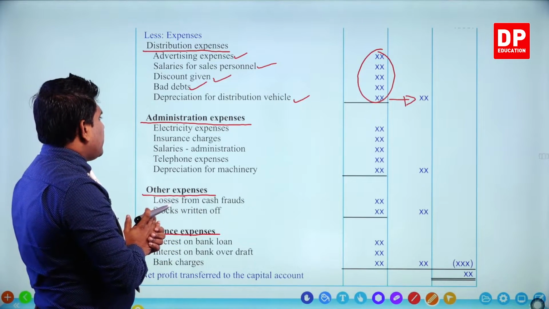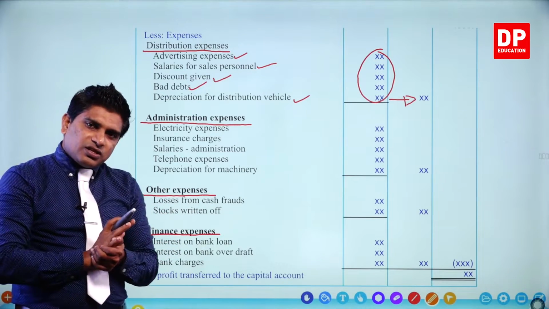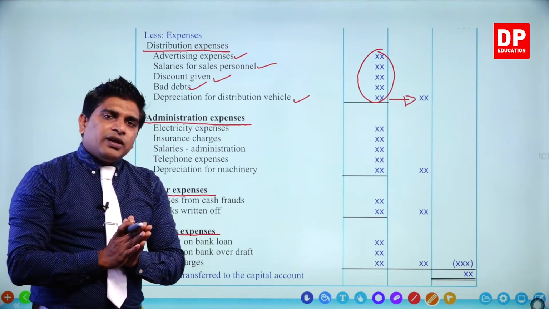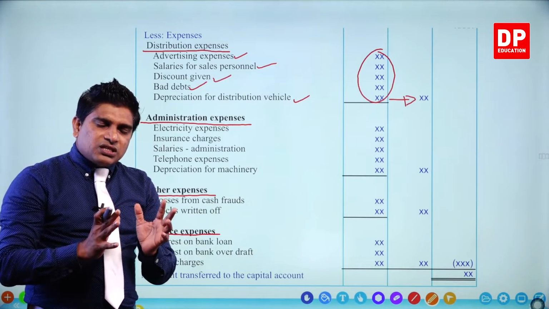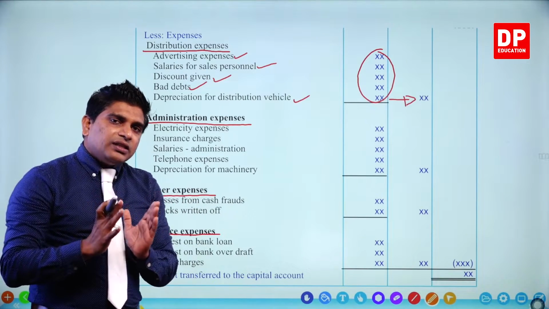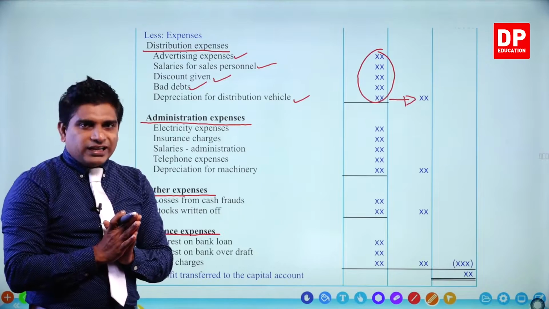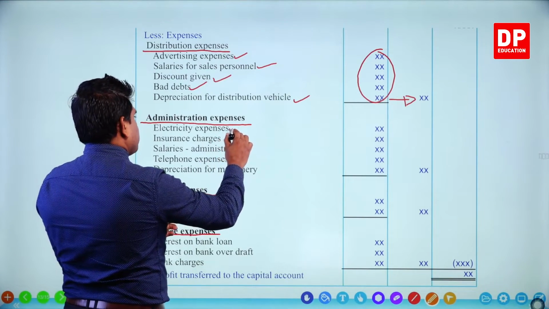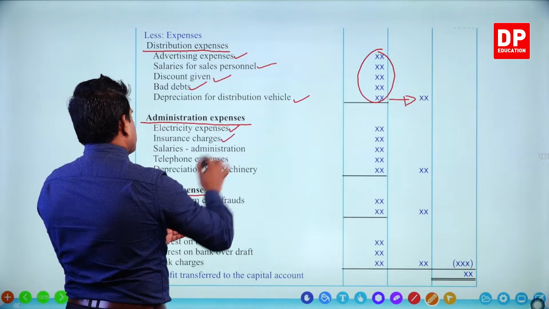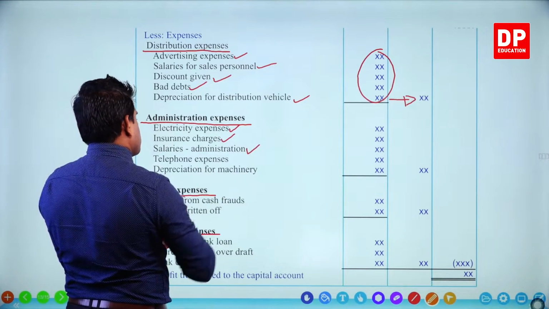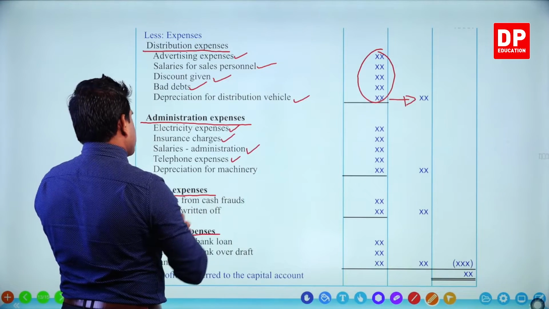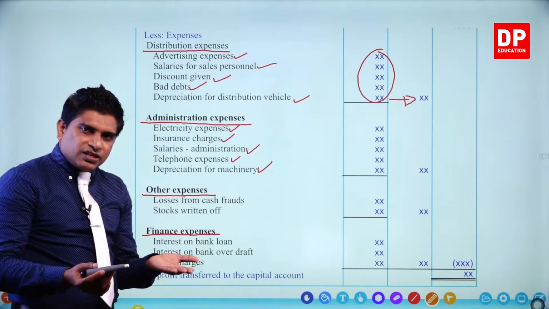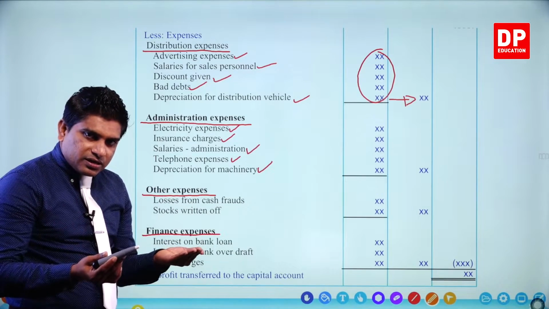Now the second one is administration expenses. Under the administration expense category, we write only the expenses which are connected with administration related activities. What are they? Electricity expense, insurance charges, salaries in administration, telephone expenses, depreciation for machinery, depreciation for furniture, depreciation for computer.